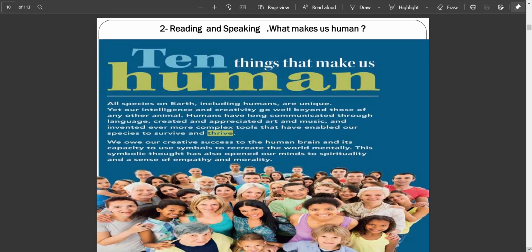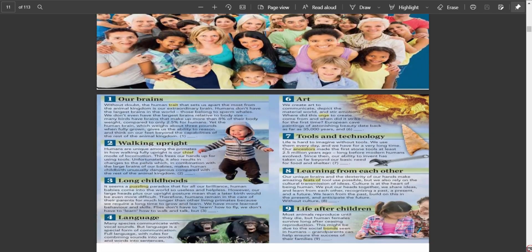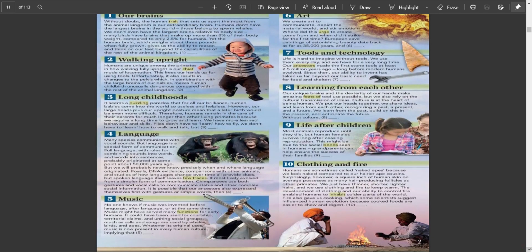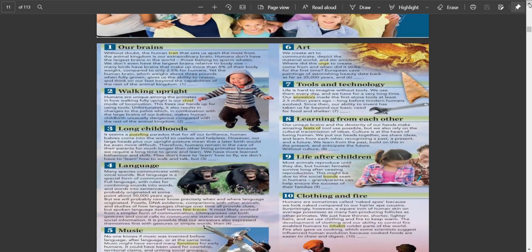What is reading and speaking here? What makes us human? بشر ما يميزنا. Okay, so we have here the title is 10 things, 10 أشياء that make us human, right? Let's come here. So what is the first one that differentiates us from other creatures, right?